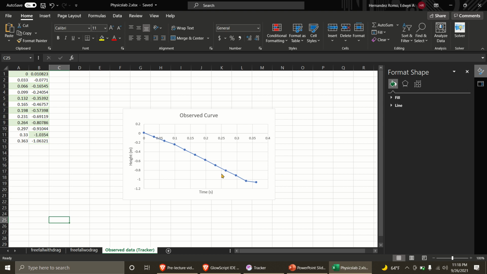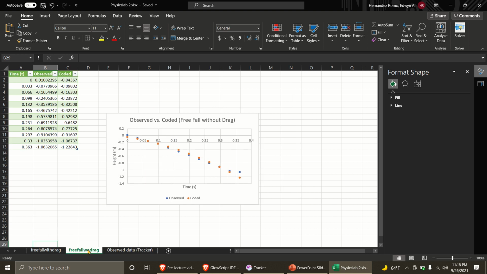So here we have the curve. As I said, it looks like a constant velocity curve, and here we have the free fall without drag.